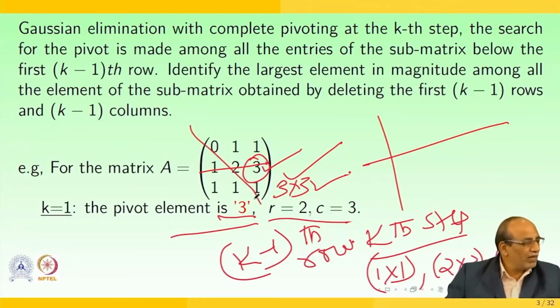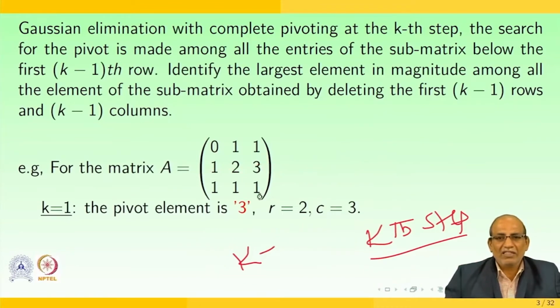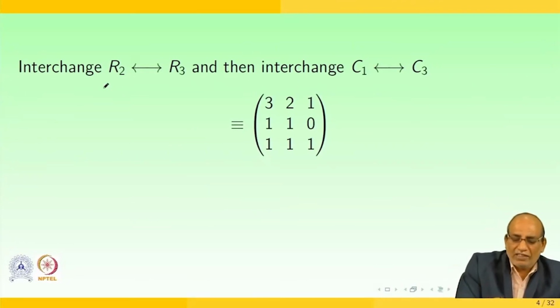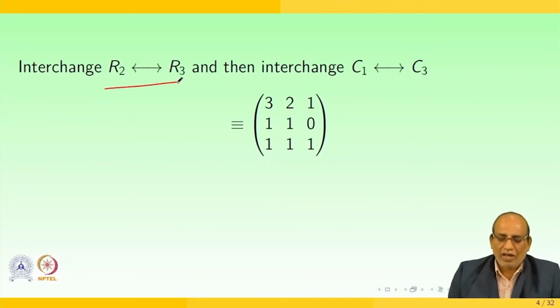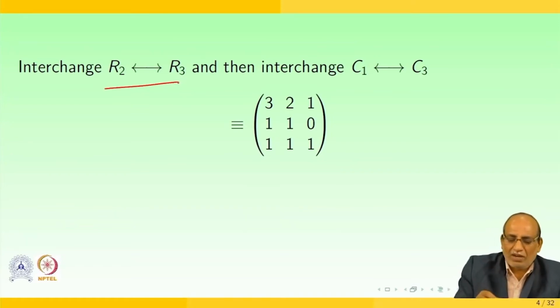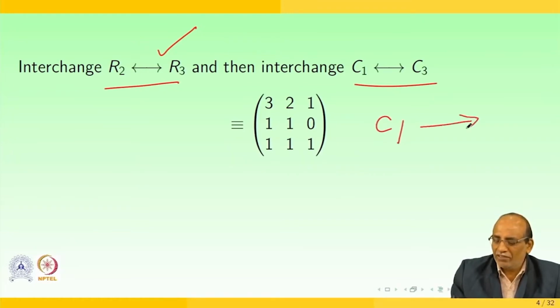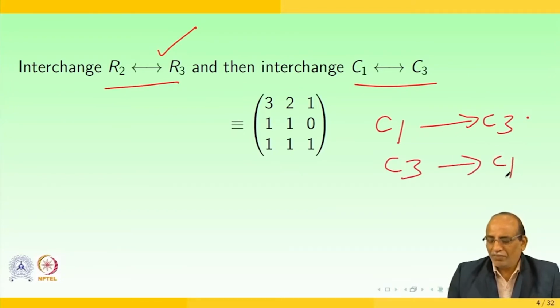So we interchange R2 and R3, then interchange C1 and C3. That means C1 goes to the place of C3 and C3 goes to C1.